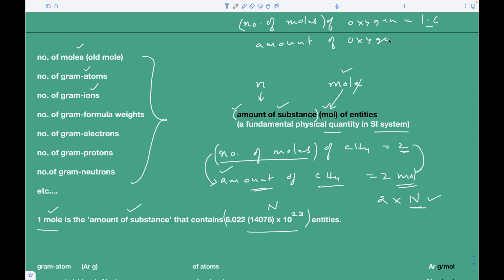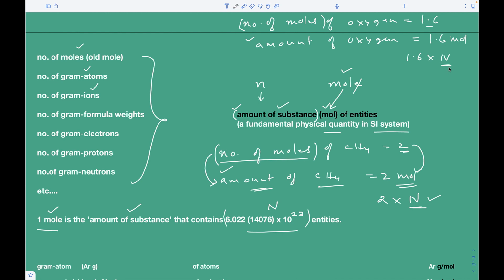Both are good. So amount of oxygen is equal to 1.6 mole, right? Don't forget to add the unit mole. So by this sentence, amount of oxygen is equal to 1.6 mole, we are saying that we have 1.6 times an Avogadro's number of particles with us.